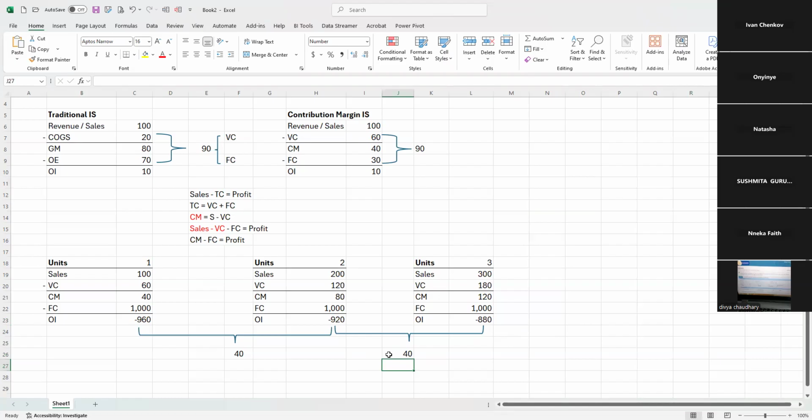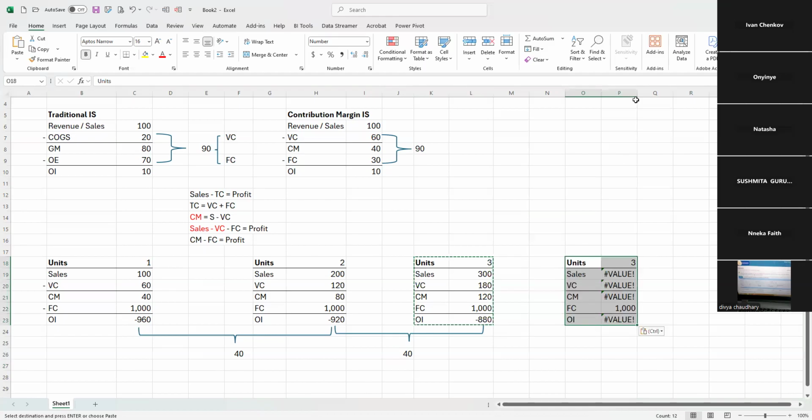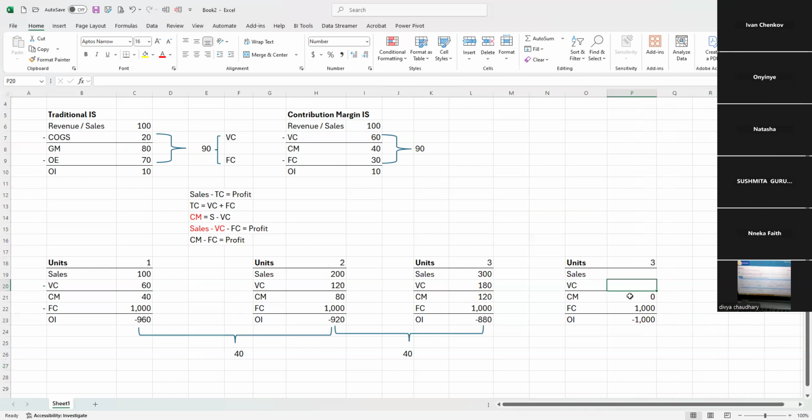Yes. So now the question is, once we know this, without calculating sales and variable cost, can you tell me how much my contribution margin, and contribution margin only, will be if I sell 10 units? 400.